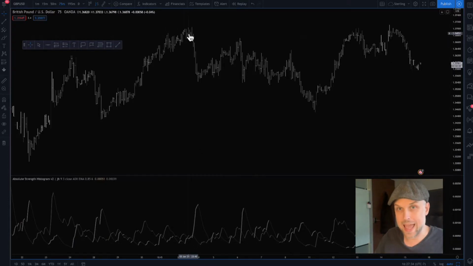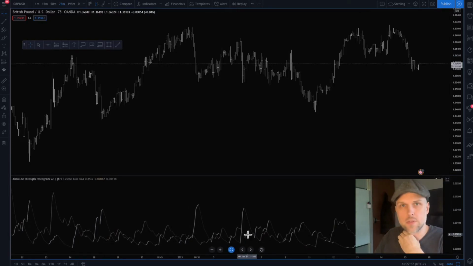Depending on the asset, depending on the time frame as well, sometimes you want to make sure there's only strength in the one direction, and then sometimes you can allow for strength in the other, as long as it's lower on the ADX or on the scale than the one that you are trending with.